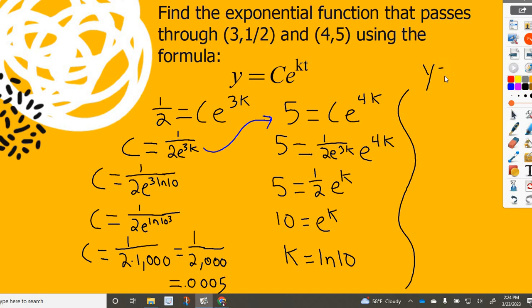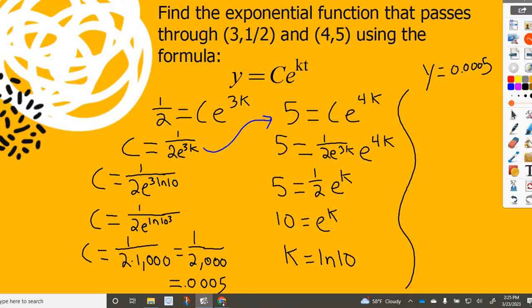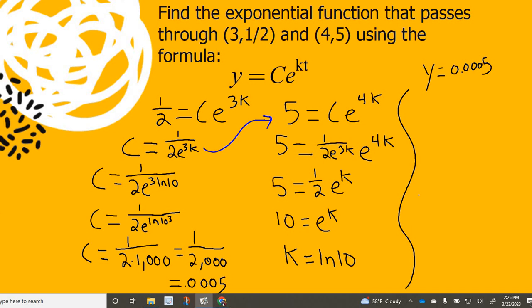So we have y equals 0.0005 times e to the natural log of 10 times t.